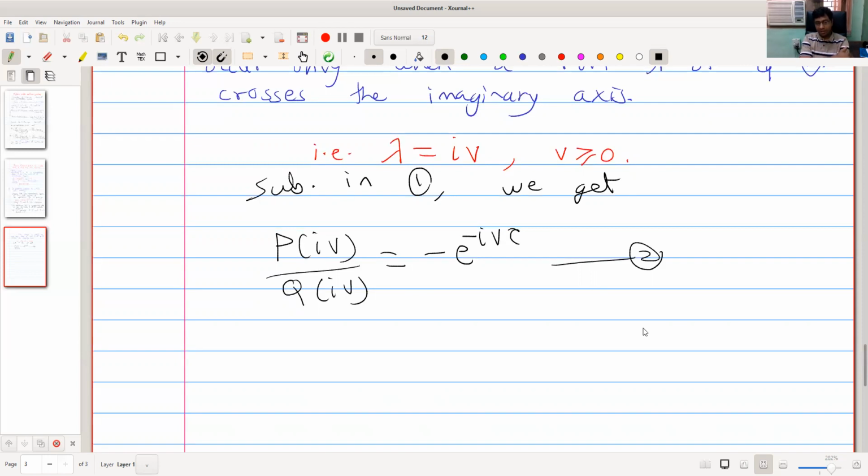Now if we can find v such that this equation is satisfied, then we get the required thing. If there exists v satisfying this equation 2, then we have a tau corresponding to such v, satisfying equation 2, and that tau is nothing but the critical value.